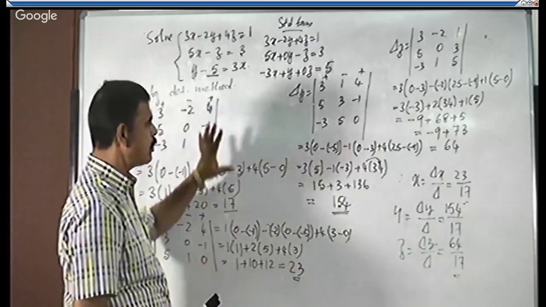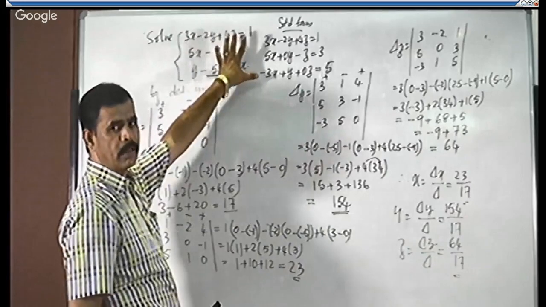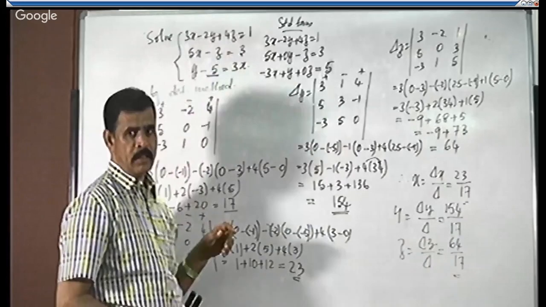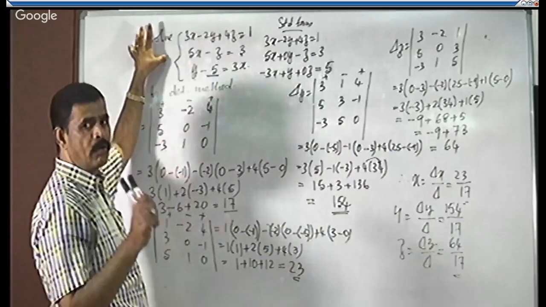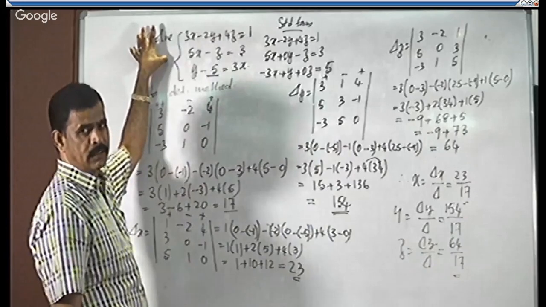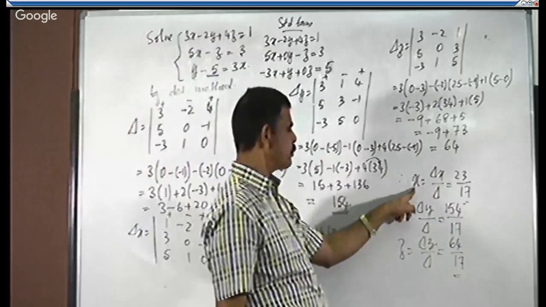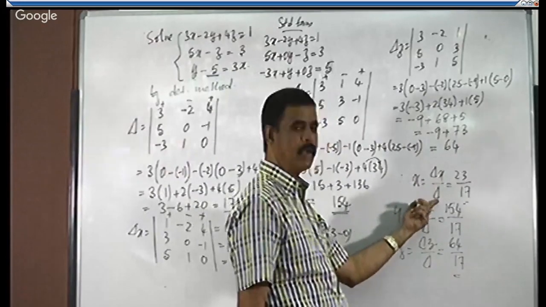This is the procedure we need to follow to solve the simultaneous equations of 3 unknowns. While giving in exam, sometimes they will ask you only solve for x. If they ask solve for x, to find out x, we need only delta x and delta.